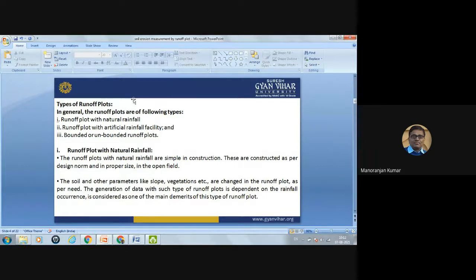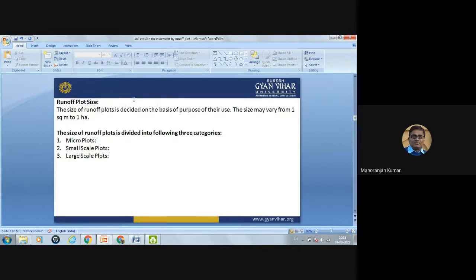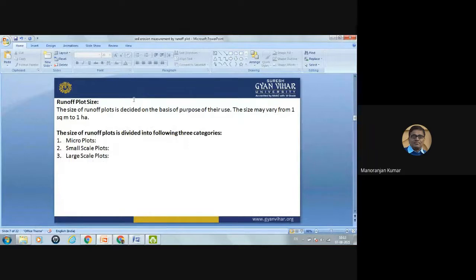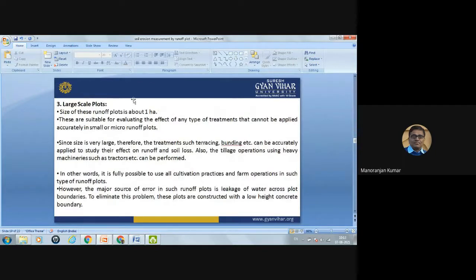Here we have seen three types: runoff plot with natural rainfall, runoff plot with artificial rainfall facility, and third, the bounded or unbounded runoff plot. Now the plot size. There are three categories of plot size: one is the micro plot, another is the smaller scale plot, and third is the large scale plot.